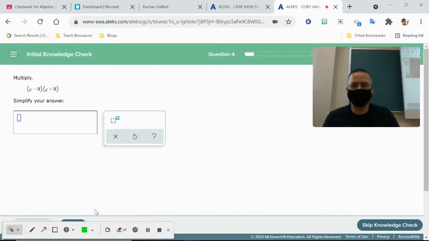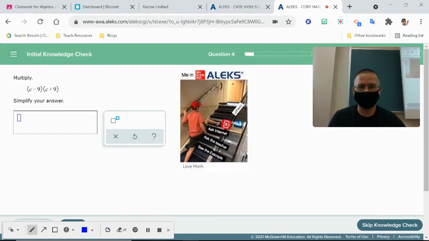All right. So now that we got the tools, I'll show you how to do this. So this is something you would do with multiplication. It's just 2 sets of binomials. A binomial is just a 2-term expression. I think these drawing tools are going to be janky, but we'll see.